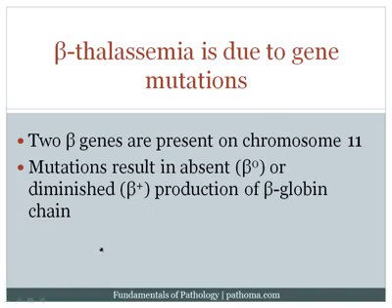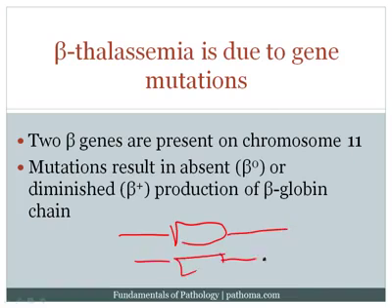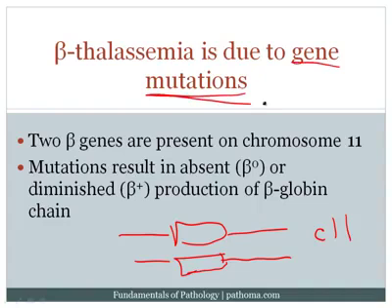What's important to know about beta thalassemia, first of all, is that there are 2 beta genes. One is on the chromosome and the other is on the second copy of the chromosome. So there are 2 beta genes, and they're present on chromosome 11. And perhaps particularly important for this discussion and high yield is that beta thalassemia is due to gene mutations, not deletions.